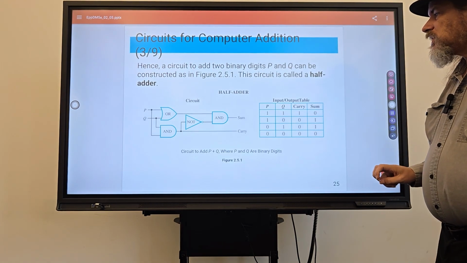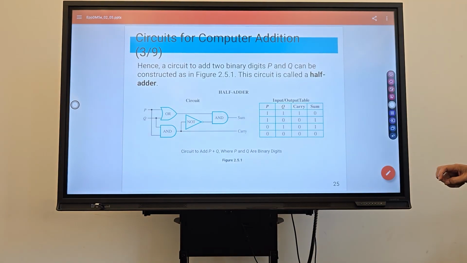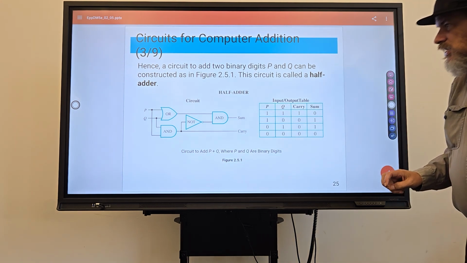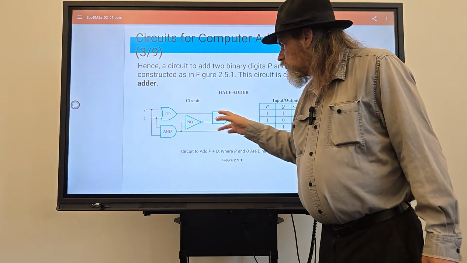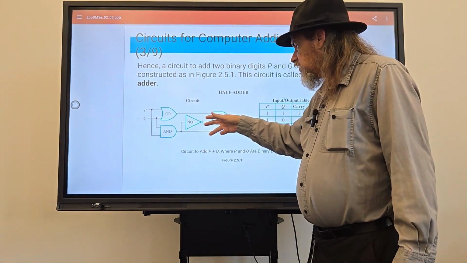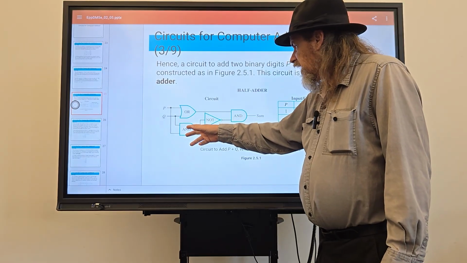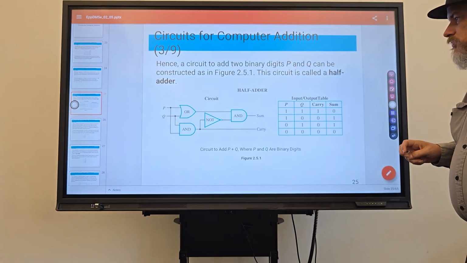So you have this circuit for a half adder. Why it's called a half adder we'll get to in just a minute. P or Q and not P and Q for the sum, and P and Q for the carry.